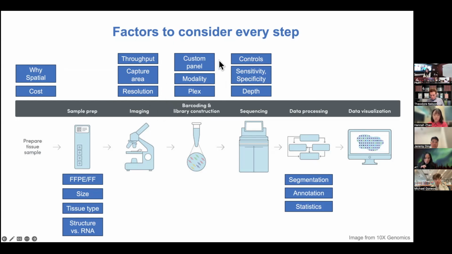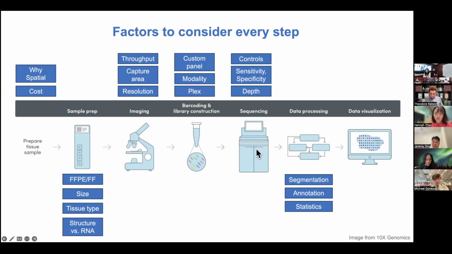But also, as Hannah was asking, do you have a custom panel in mind, where you really want specific SNPs or specific genes covered, how high a plex you want to go, or whether you want to do RNA and protein at the same time, or different modalities before or after spatial omics.